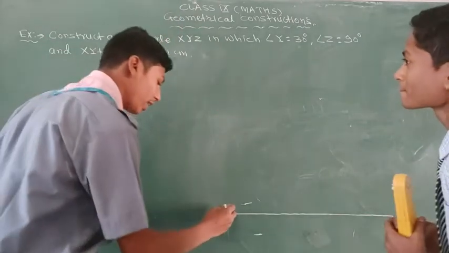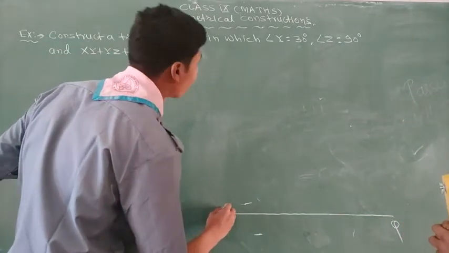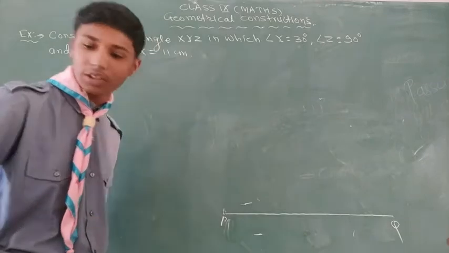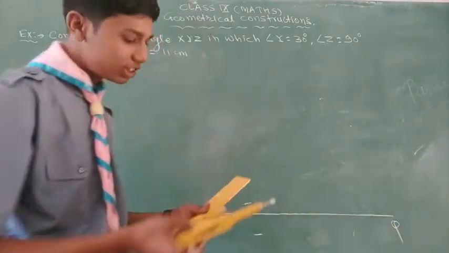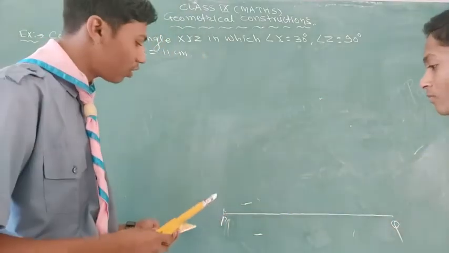Now we have to draw an angle of 30 degrees here. For that, we first draw an angle of 60 degrees and then bisect it to get an angle of 30 degrees.